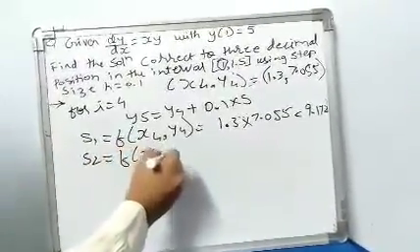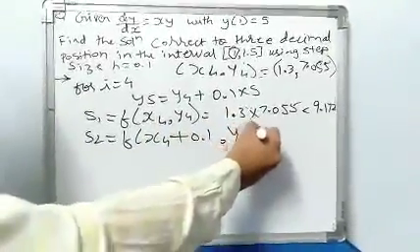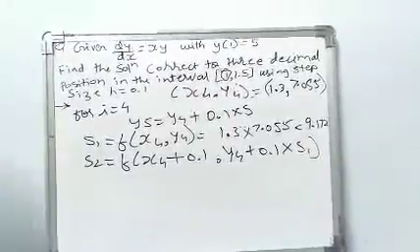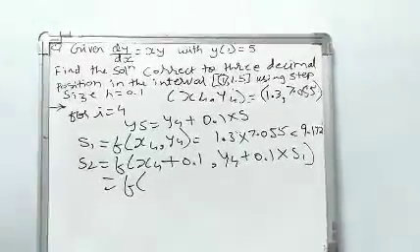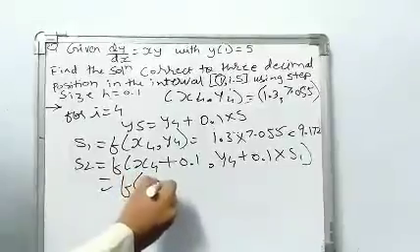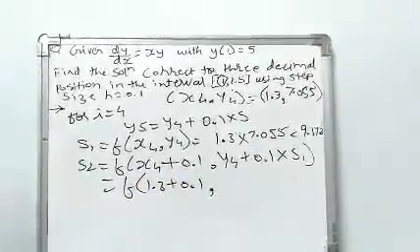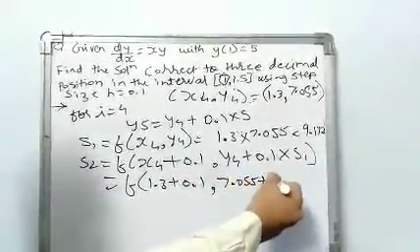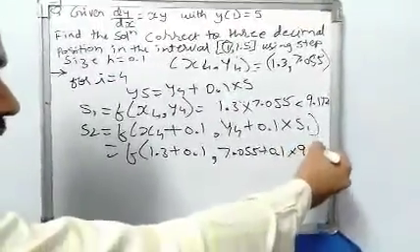And s2 is equal to f of x4 plus 0.1 comma y4 plus 0.1 into s1. So this is the formula. So f of 1.3 plus 0.1 comma y4, that is 7.055, plus 0.1 into s1, that is 9.172.